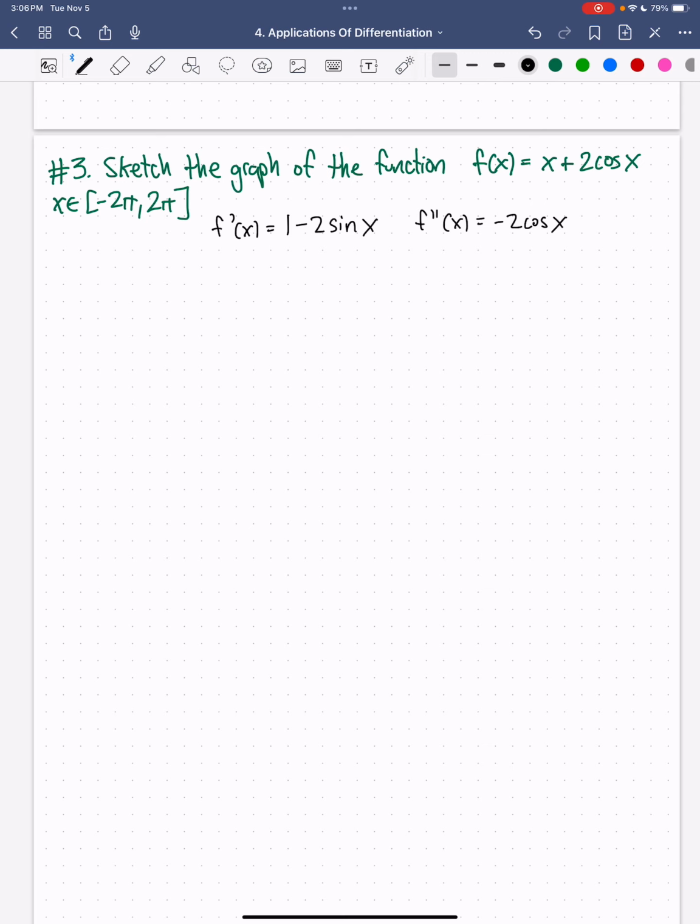All right, so step 1, we're looking at domain and asymptotes. Well, because f of x is just like a polynomial and trig function, it's not going to have any domain restrictions and no vertical asymptotes.